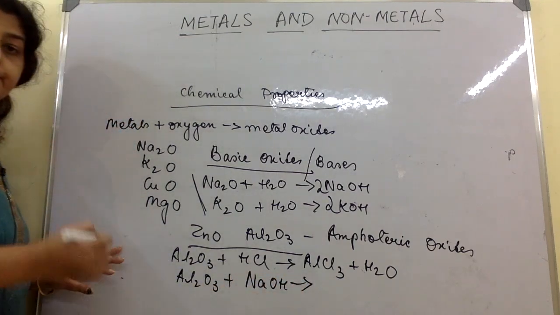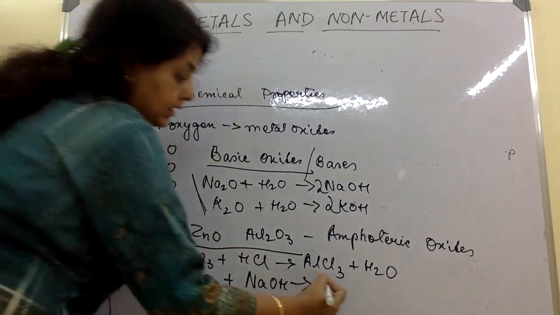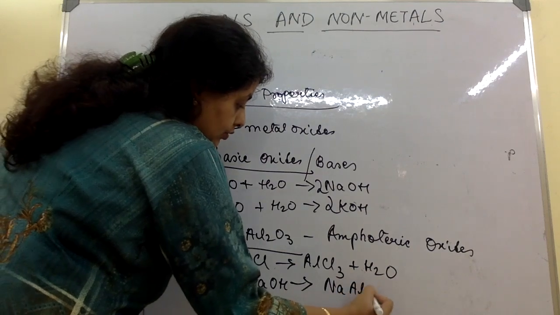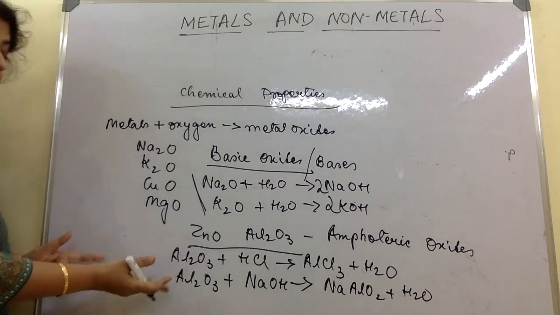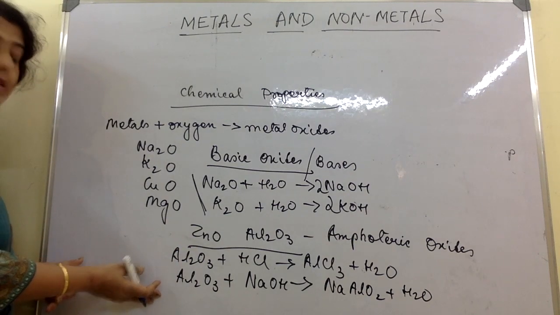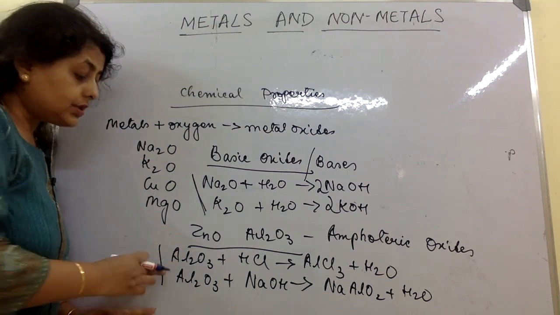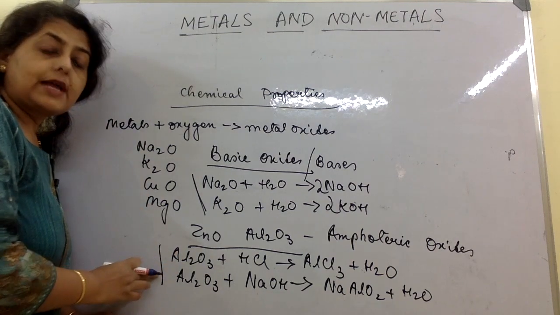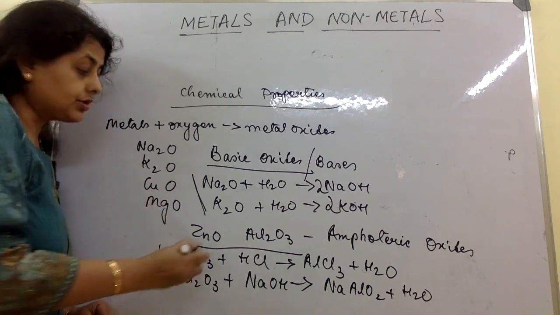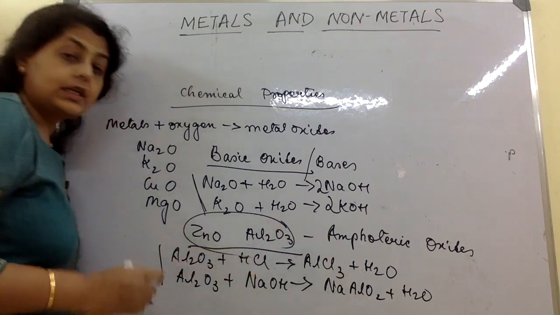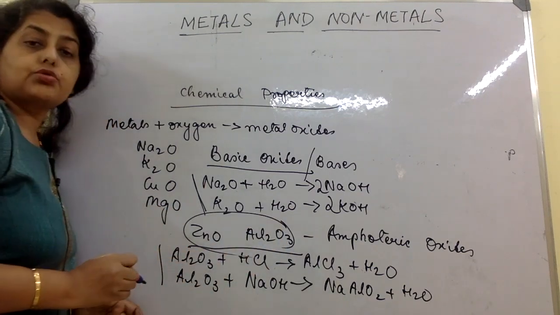It starts behaving as an acid, giving NaAlO2 plus water. That is why it is called amphoteric. So if asked for amphoteric oxides, mention these two names. If asked to show with equations that they are amphoteric, give these two equations.